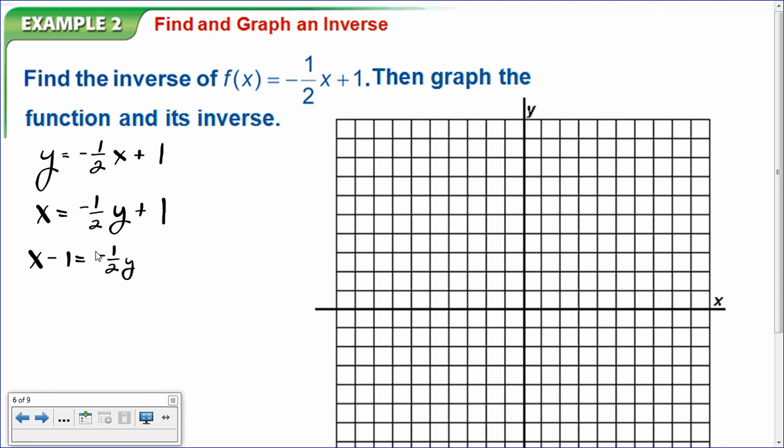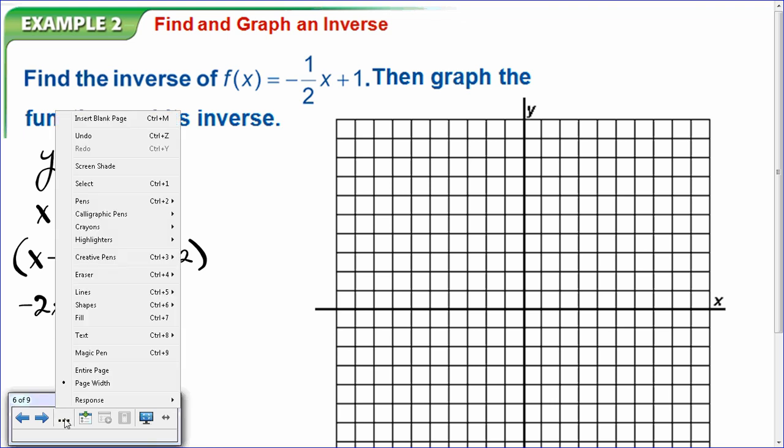Now we need to eliminate the -1/2. The way you eliminate a -1/2 is multiply everything by a -2. All right, because -1/2 times -2 is a positive 1. That would give us just the y there, 1y. So multiplying by -2, that's going to be -2x, and -1 times a -2 is a positive 2, and that equals -1/2 y times a -2, which is just y.